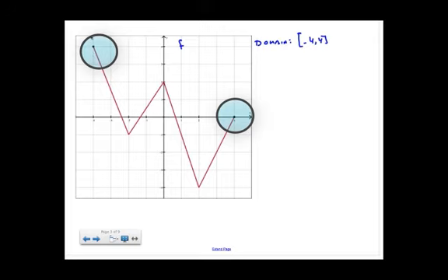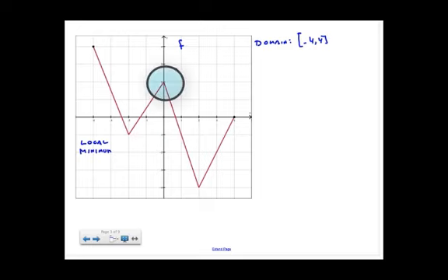Those will never be local anythings, because there's nothing to the right of this endpoint and there's nothing to the left of this endpoint. So when we talk about local, we're talking about the interior of the domain. We have this point right here at -2, -1. We would call that a local minimum because in a neighborhood of -2, the point (-2, -1) has the smallest y value of all points in the neighborhood.